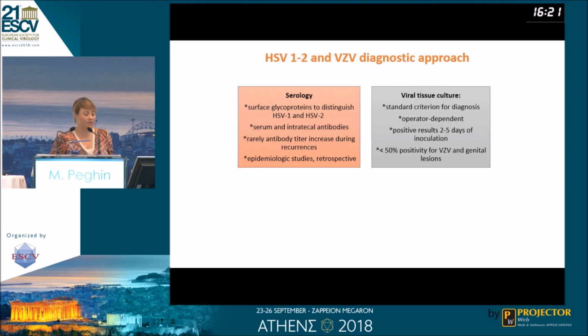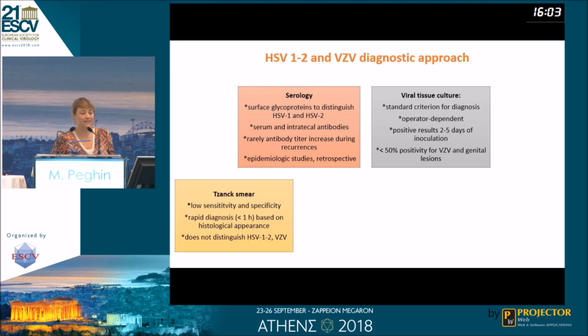Viral tissue culture is well known as the standard criterion for diagnosis, but it is operator dependent and can delay results by 2 to 5 days, with lower positivity rates for varicella zoster virus and for genital lesions. Tzanck smear is a cytological technique that is very quick but does not distinguish between different herpes viruses and has low sensitivity and specificity.